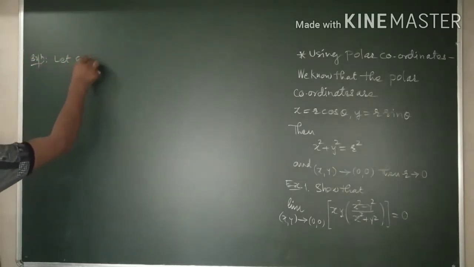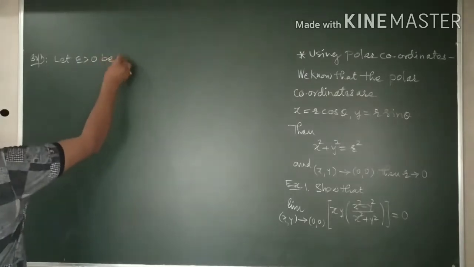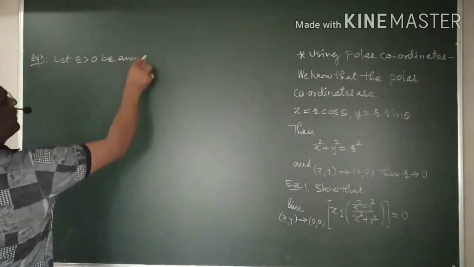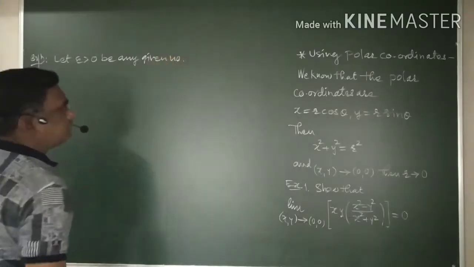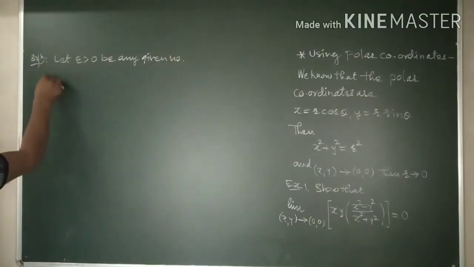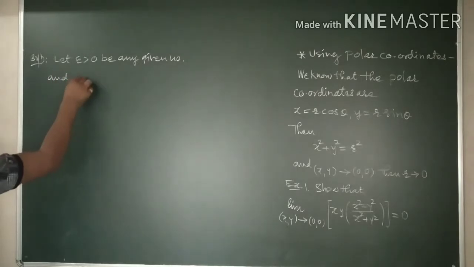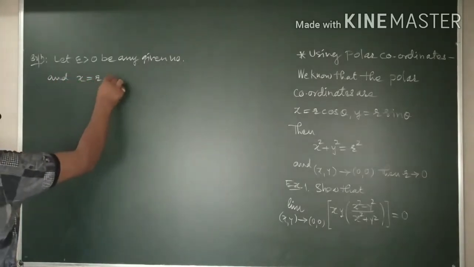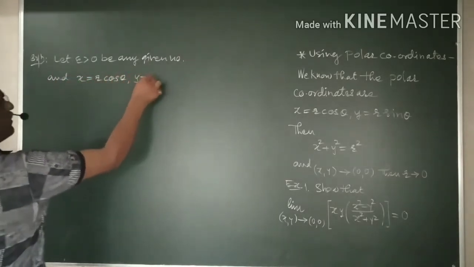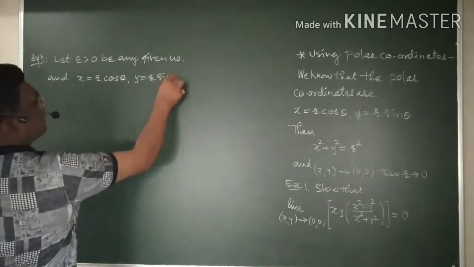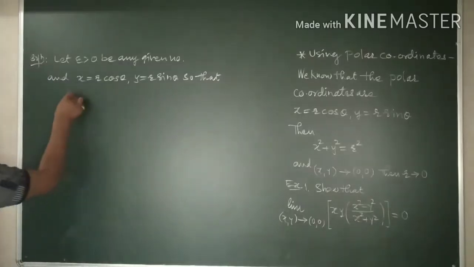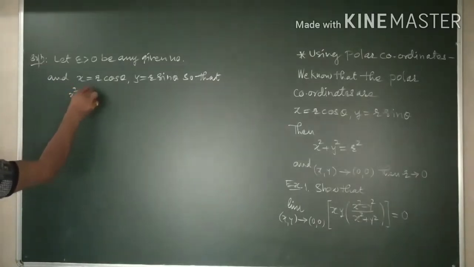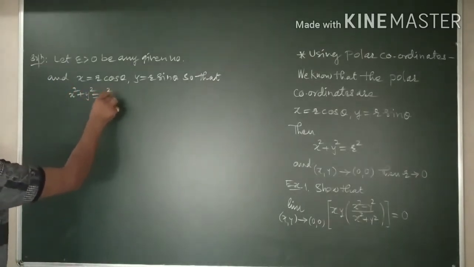Let epsilon greater than 0 be any given number. We have x is equal to r cosine theta, y is equal to r sine theta, so that x square plus y square is equal to r square.